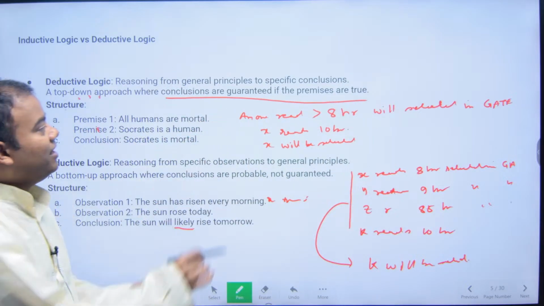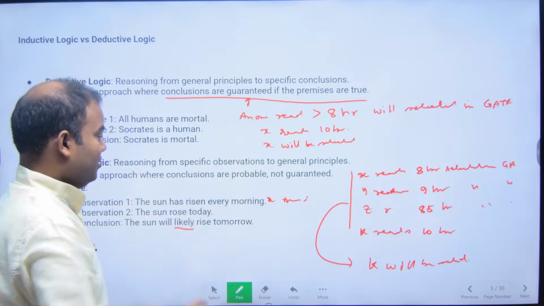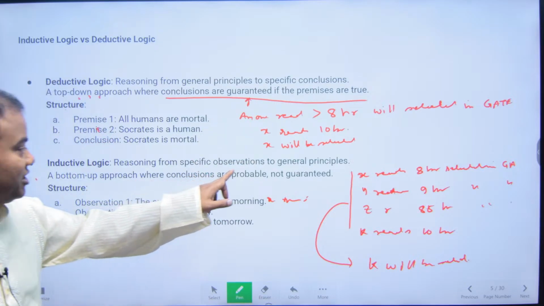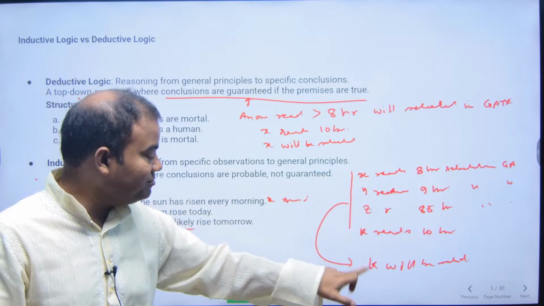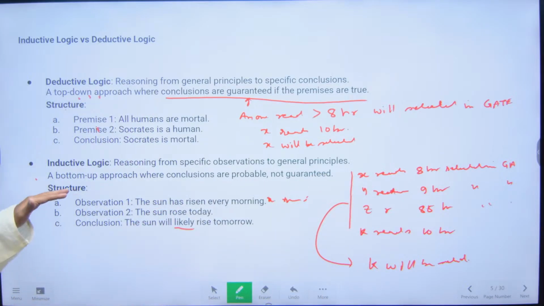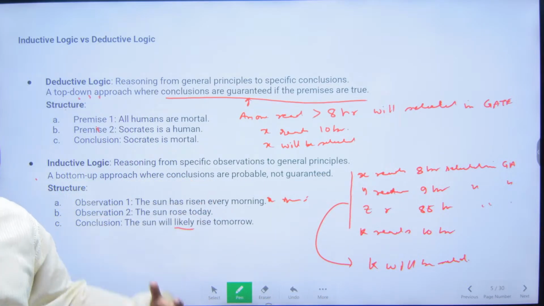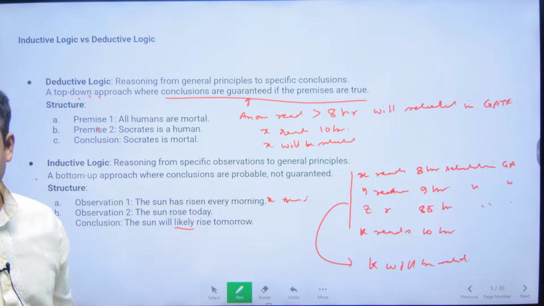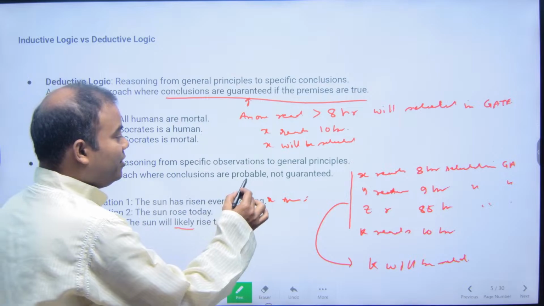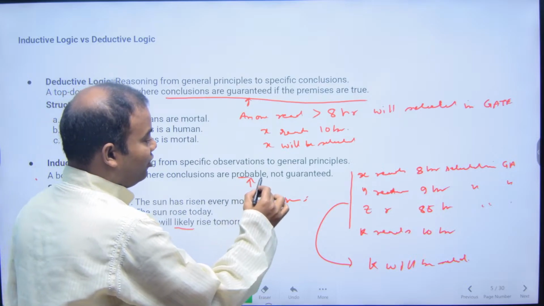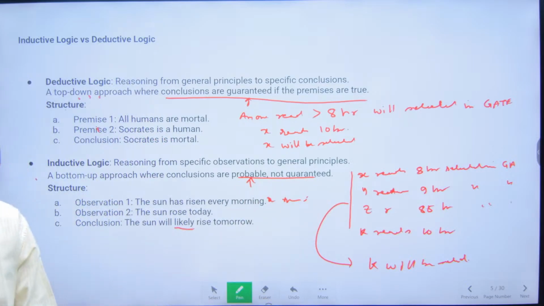So here the guaranteed thing is there. Now here, reasoning from specific observation to general principle. These are specific things to some general principle, or you can say bottom up approach, means smaller things to some greater things. Conclusions are probable, not guaranteed. Is it clear?